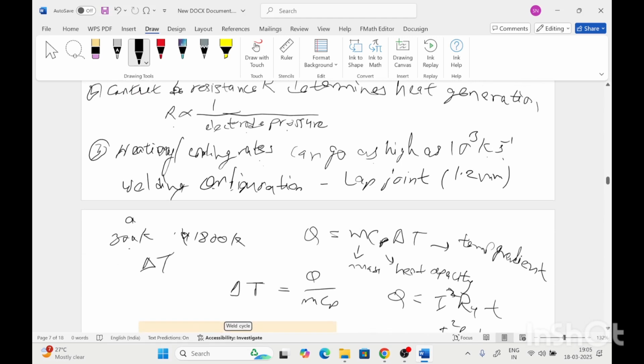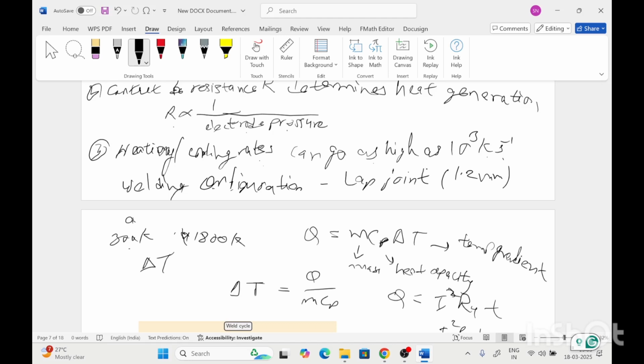As the heating and cooling rates are very high, if we want to modify or alter the heating and cooling rate, first we need to know the temperature gradient at the welding joint.